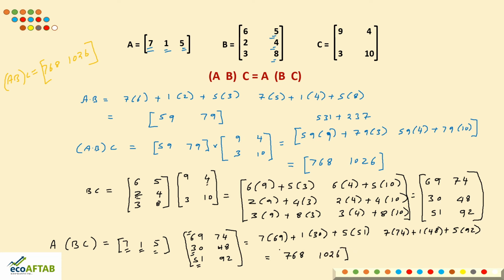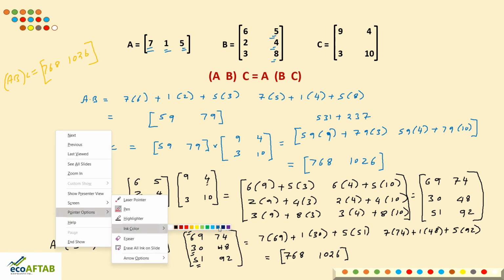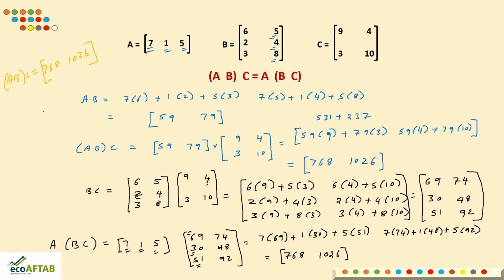So again, A multiplied by BC is equal to 768 and 1026. So we can say that this particular property also holds good with regard to matrix algebra.